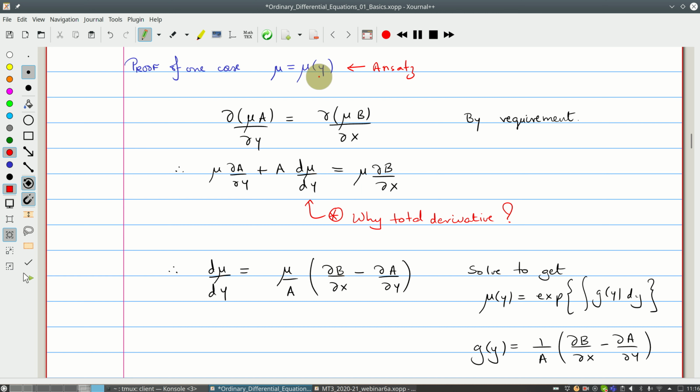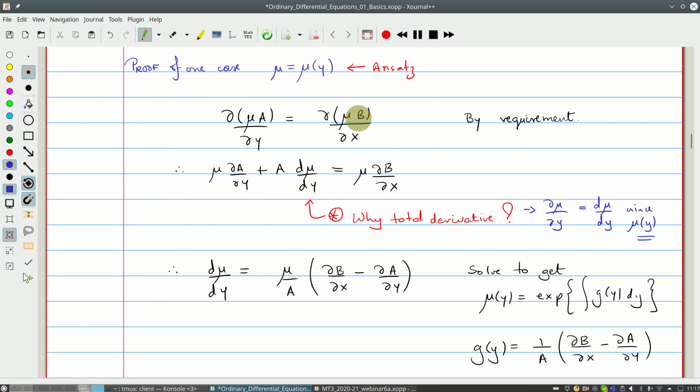Well, mu is a function of y only, so the partial of mu with respect to y is equal to the total derivative of mu with respect to y, since mu is a function of y. It doesn't have a second dependence. Mu does not depend on x, and that's why this becomes a total derivative.